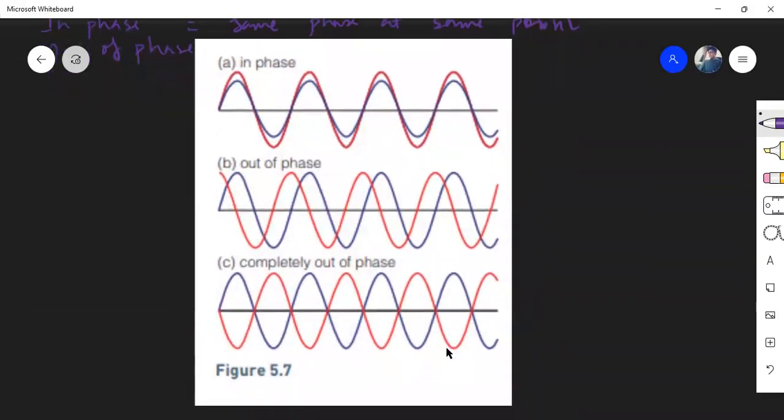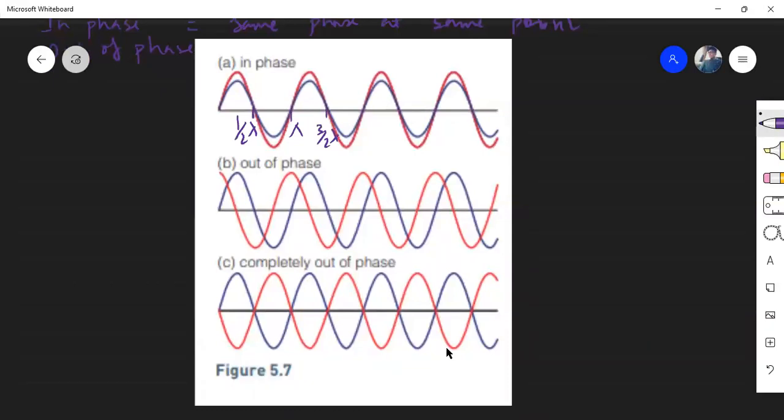As soon as you see, after every point, both of these waves have the same phase. They both have covered half lambda, this is lambda, and both of them are at the same phase, so 3 over 2 lambda. So whatever point I take, I see that they have the same phases at the same point, so I call these waves in phase.